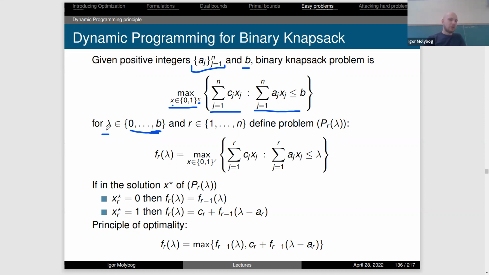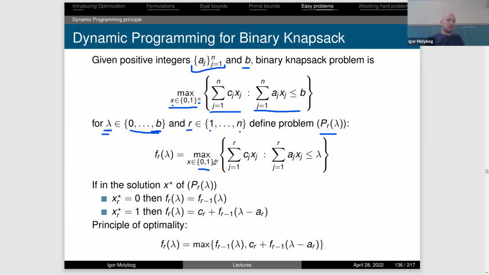So let's say that our lambda is a number between 0 and b, and let's take another variable r that is between 1 and n, and we define a problem P_r of lambda, which is aiming at maximizing over a binary vector of size r now.